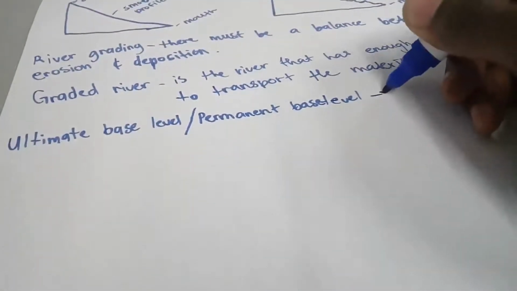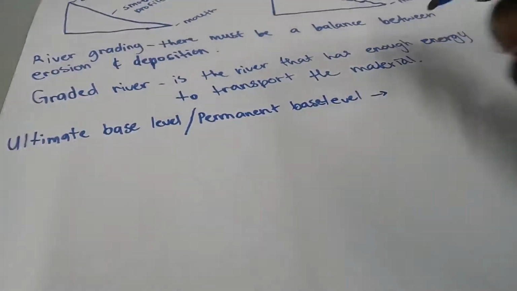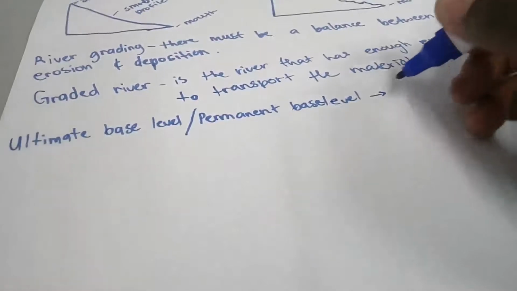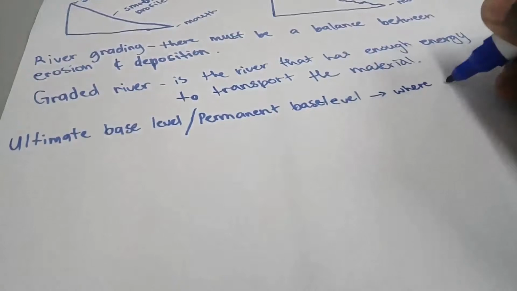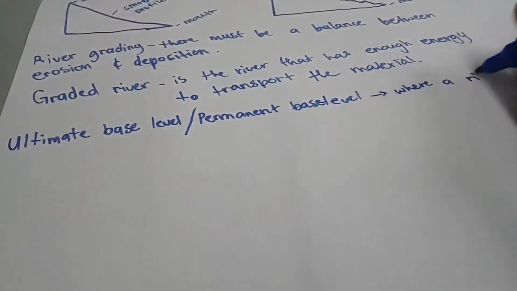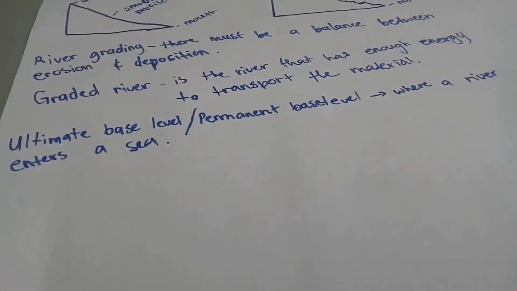Okay, so a permanent base level is where a river enters the sea. You can see the sea is at 0 altitude.